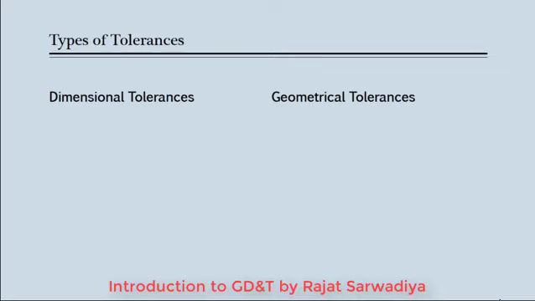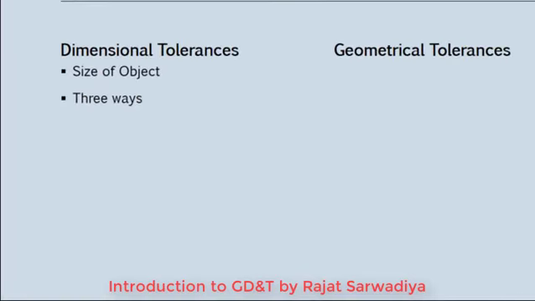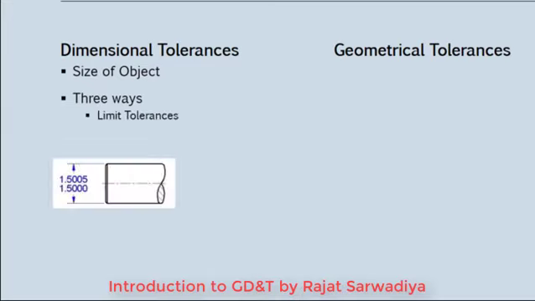Dimensional tolerances work for the size of an object. We can say dimensional tolerances maintain or control the size of the object. There are three different ways to apply dimensional tolerances. One of the ways is limit tolerances.